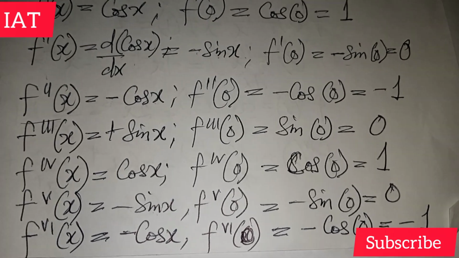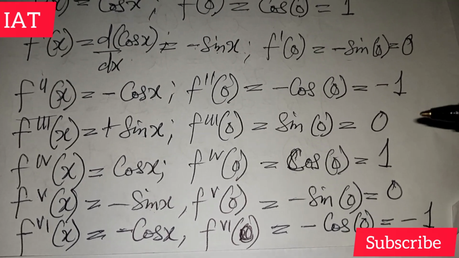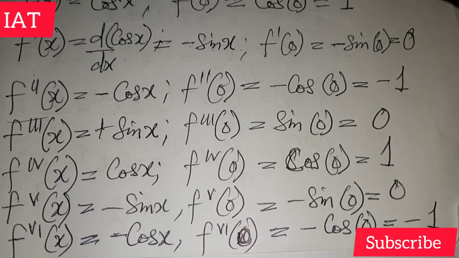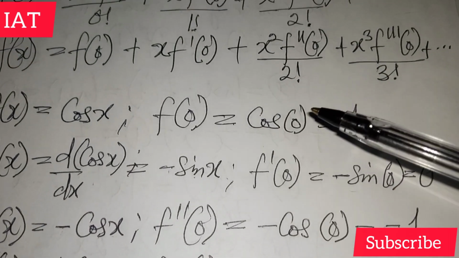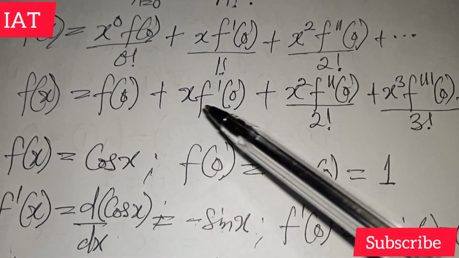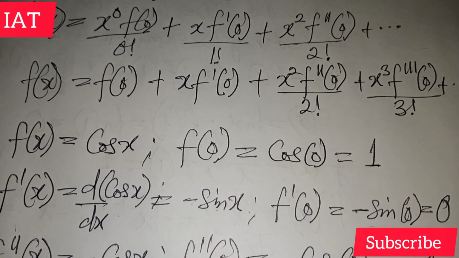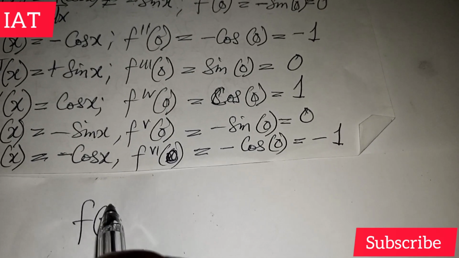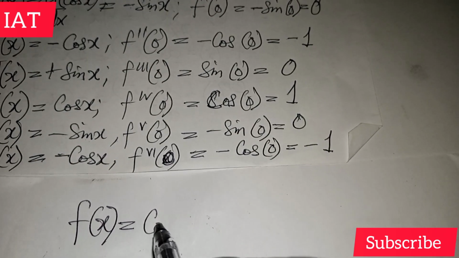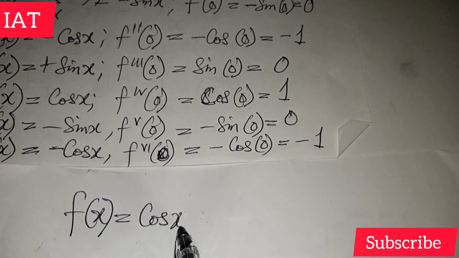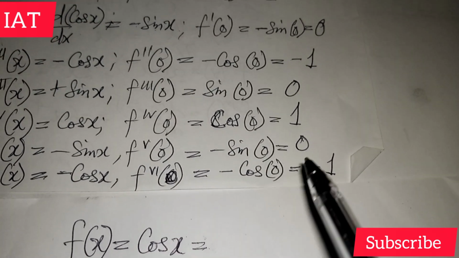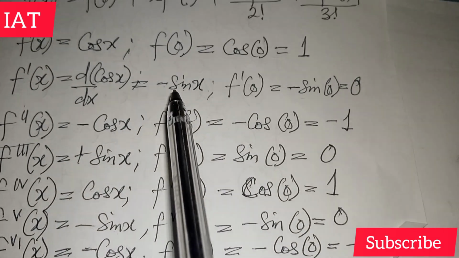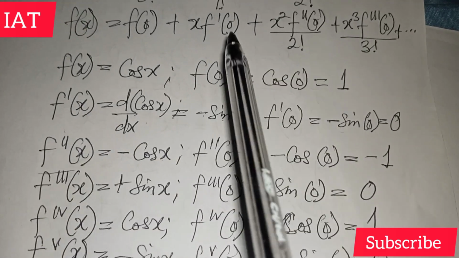Alright, so at this point we need to pull the values we have into the formula, the expanded form of this Maclaurin series. So that's the next thing we need to do right now. So we say f of x, keep in mind that f of x, they said, is equal to cos x, and we are putting everything into this formula.